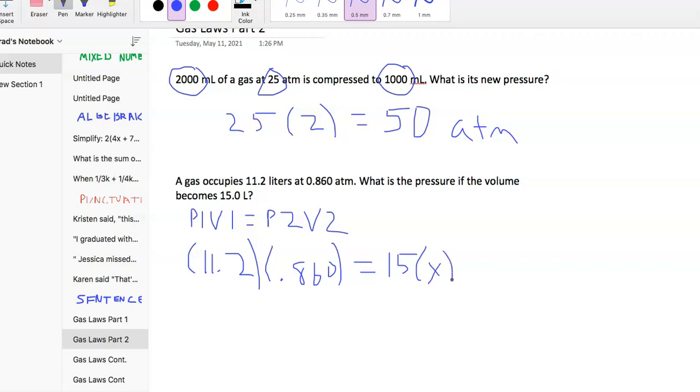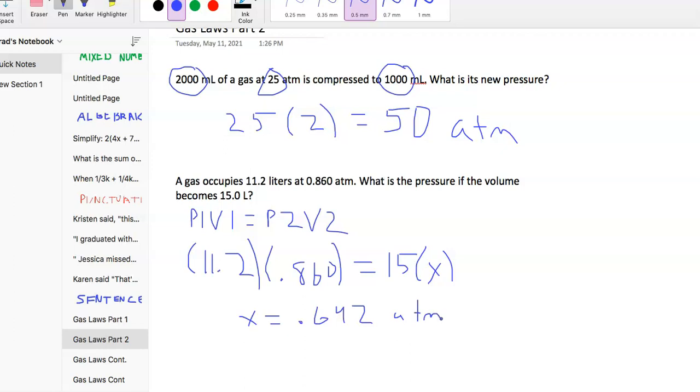Just being able to set up the formula is really the challenge. After this, we have pretty simple algebra. We multiply 11.2 by 0.860, and when we get that answer, we divide it by 15 so we get X by itself. Once we've done that math, we get X equals 0.642 atm.